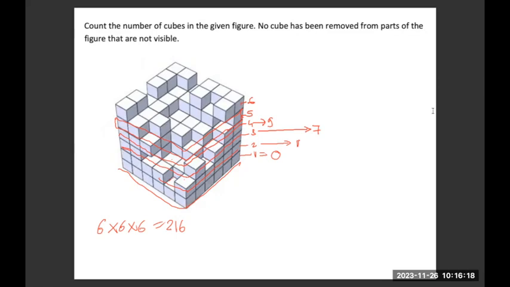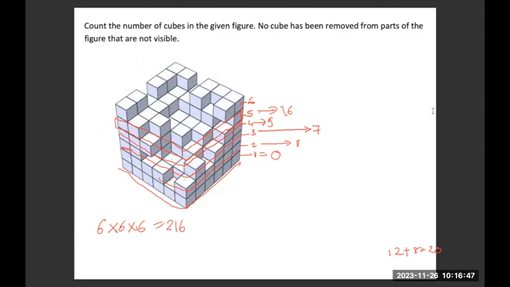Okay, let me do it this way for the fifth row. 6 2s are 12, and then 1, 2, 3, 4, 4 2s are 8. 12 plus 8, 20. Yeah, so 16 cubes, because there are 20 cubes in the fifth row. So 16 cubes are removed here.